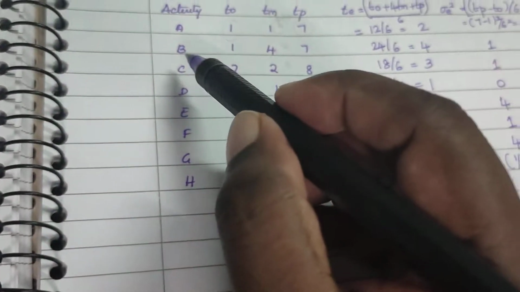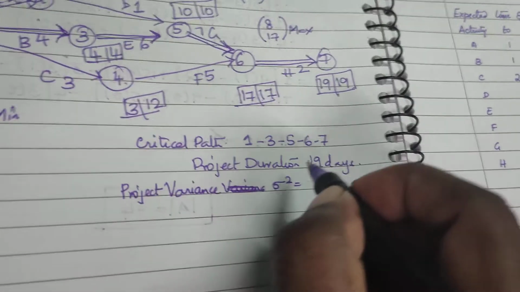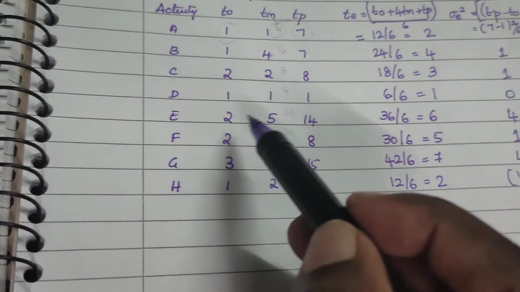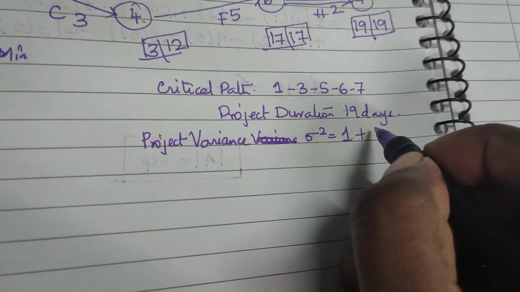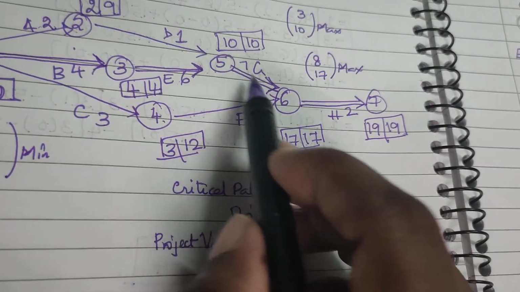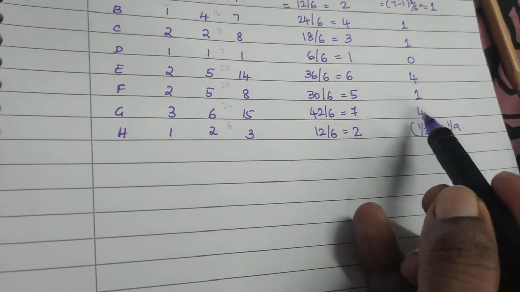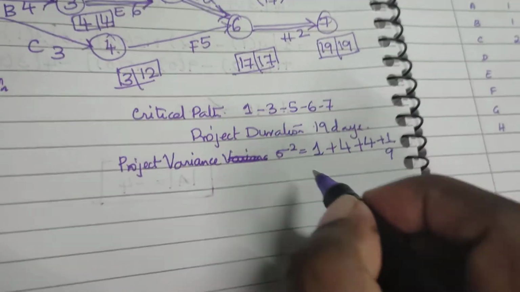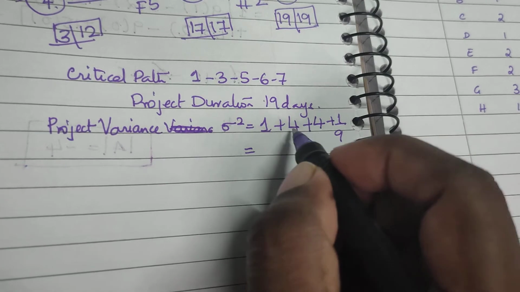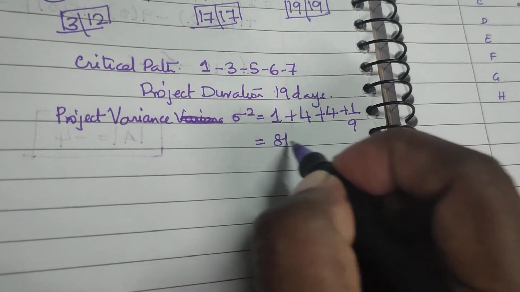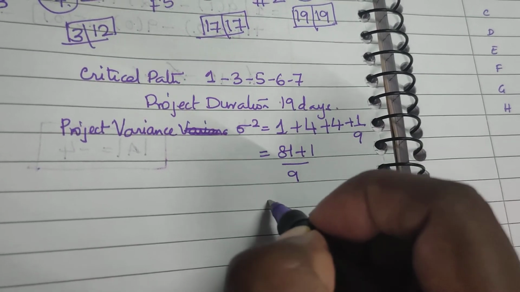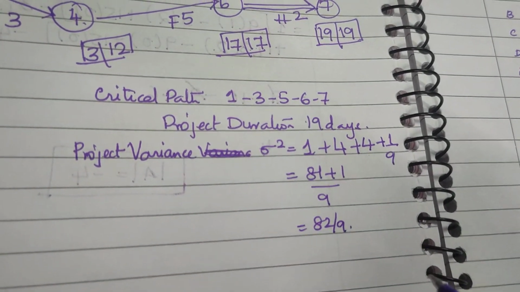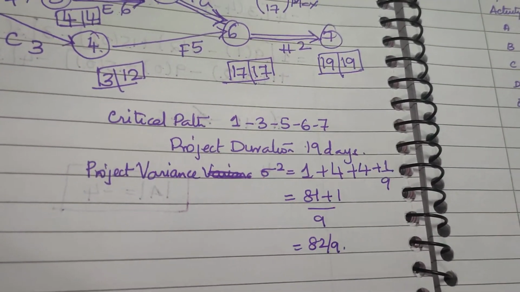So activity B has a variance value of 1, so that will be 1 plus activity E, 3 to 5, E is 4 plus G is 4, and the last one is H, of course, that will be 1 by 9. So you will have, let me see, 9 into 9, 81 plus 1 by 9. So that will be 82 by 9. This will be your project variance. So this is the answer for the question. Here you go.